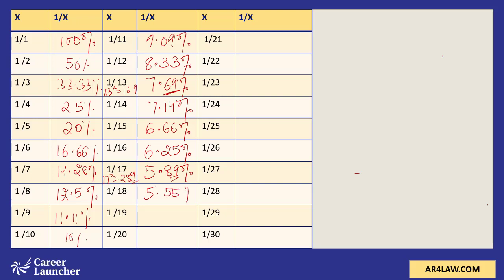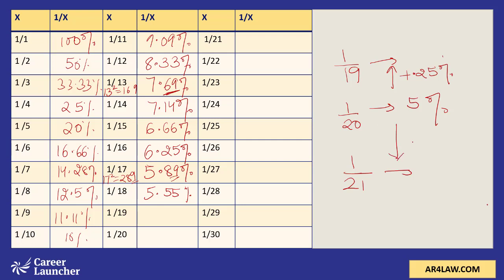Now 1 by 19, 20 and 21. Now 1 by 20 is going to be exactly 5%. 1 by 19 and 1 by 21, they're competing with each other. जैसे कि जितना तुम्हारे पास है उतना ही हमारे पास होना चाहिए. ठीक है. पर होता क्या है कि 1 by 19 is 0.25 more than 1 by 20, and 1 by 21 is 0.25 lesser than 1 by 20.